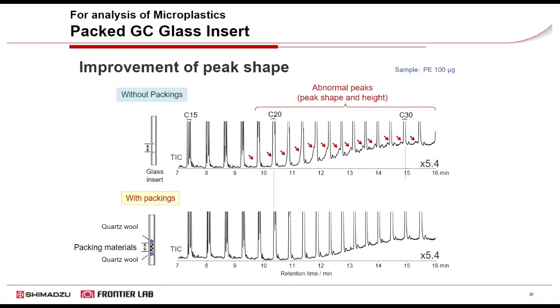The top PE pyrogram shown here was obtained using a regular GC glass insert without any packing. And as you can see, from C20 to C30, the peaks are very broad and have lower peak heights. Now, the bottom PE pyrogram was obtained with a packed GC glass insert. And as you can see here, the peaks are sharper and peak heights are improved.